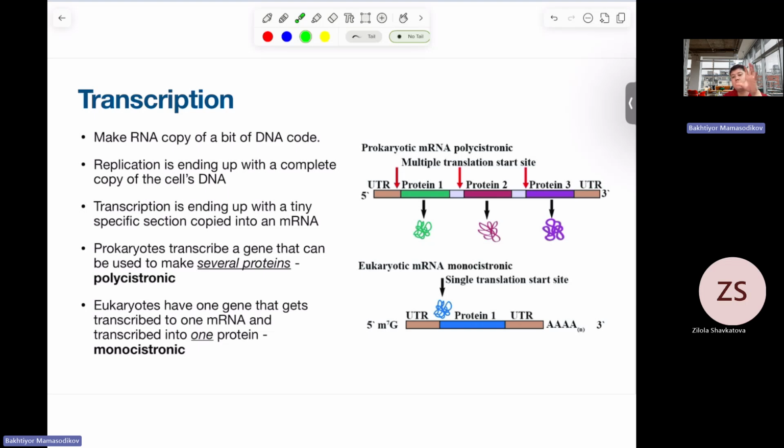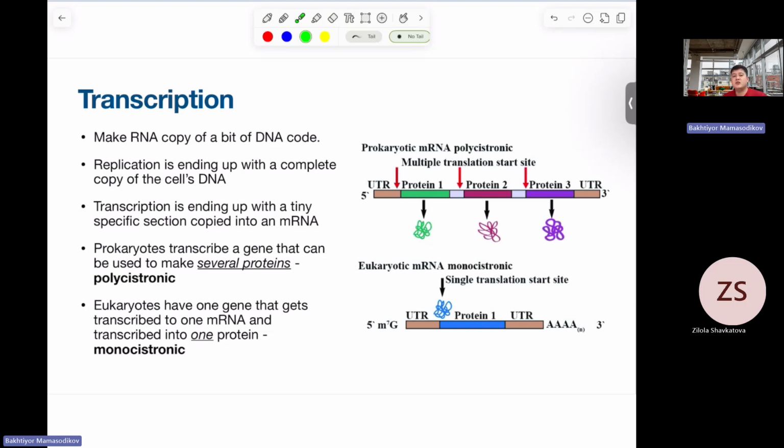You don't photocopy the whole book. In order to make one meal, you're not going to copy the whole book. You just make a note of a small portion of that book, right? That photocopied page is called messenger RNA. In order to make one protein, one meal, you're just going to copy one recipe out of that. You don't copy all of them. And that messenger RNA is sent out of the cell's kitchen to the dish, which is protein.